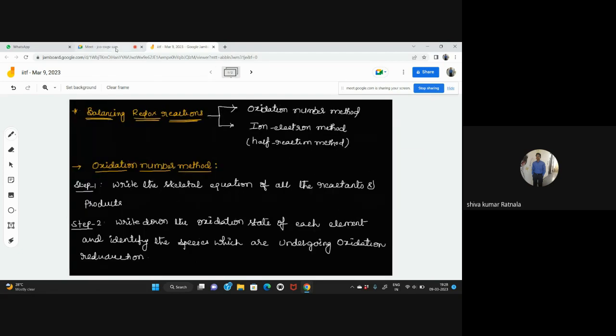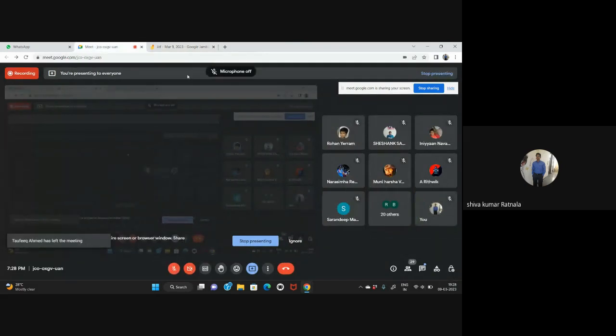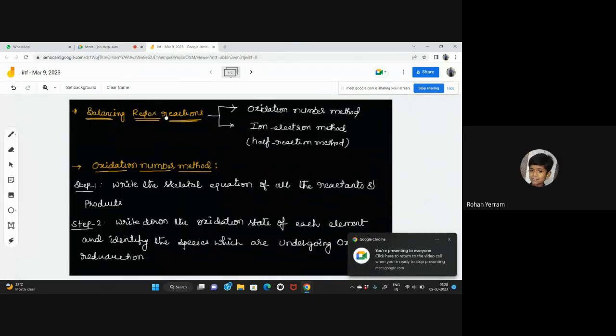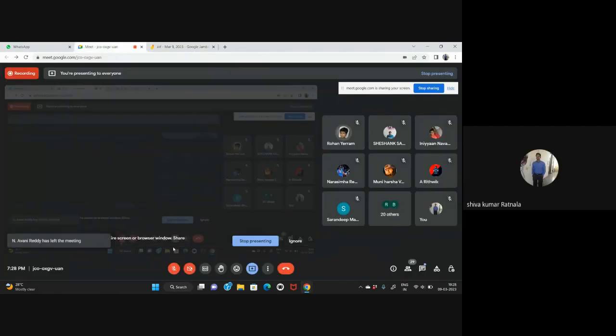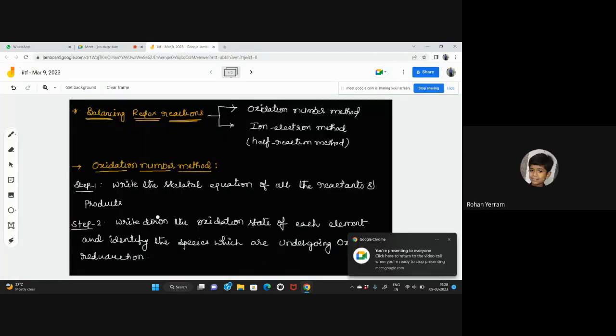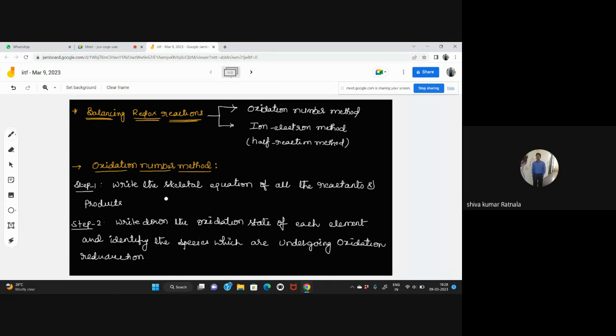Somebody asked for the previous slide. Sir, I did not understand step 1 and step 2. Both the steps? Here I have only set out the procedure.